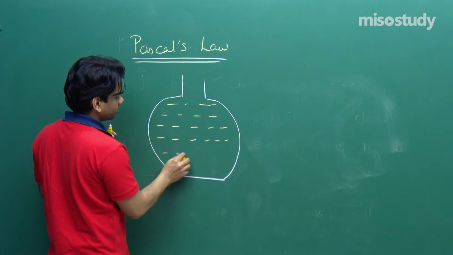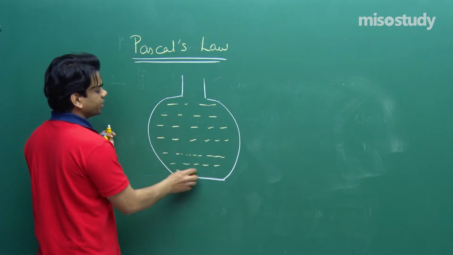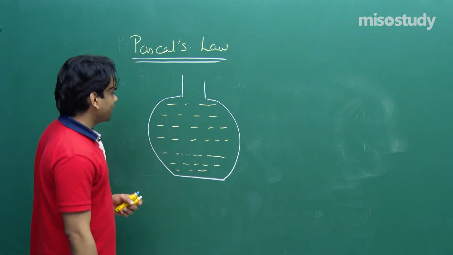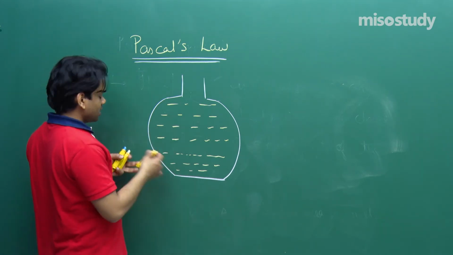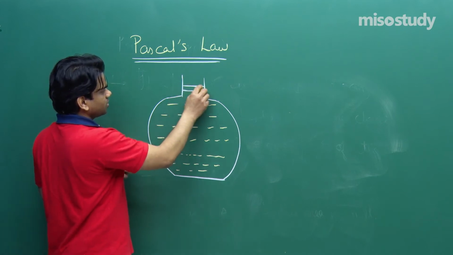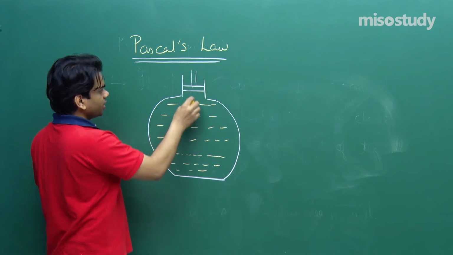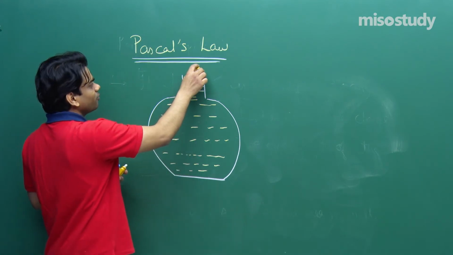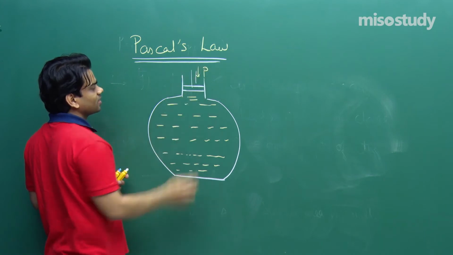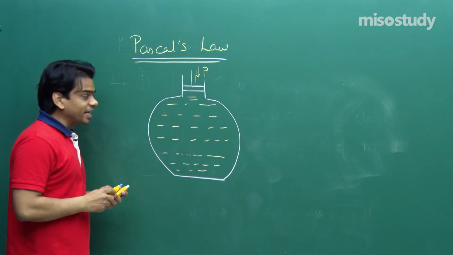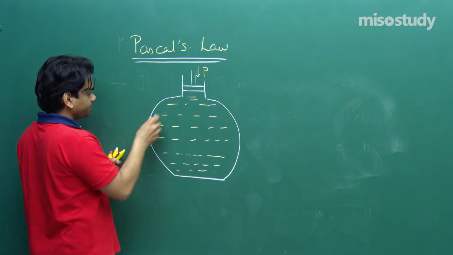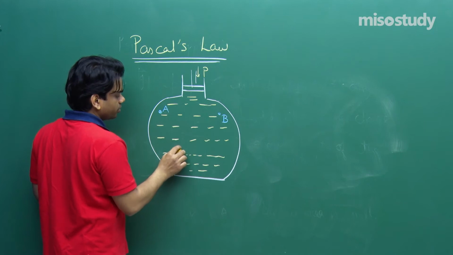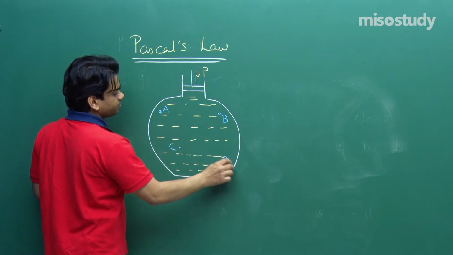Generally we are talking about liquid here. Now at any point, if we try to change the pressure, let's say this has a piston over here, and we exert pressure by forcing this piston inward. Let this point be A, this point be B, this point be C, and this point be D.